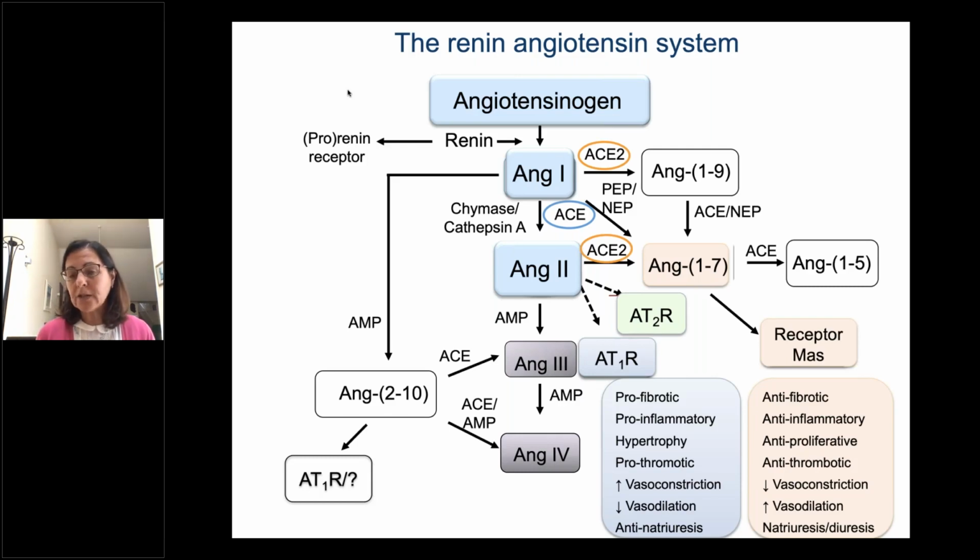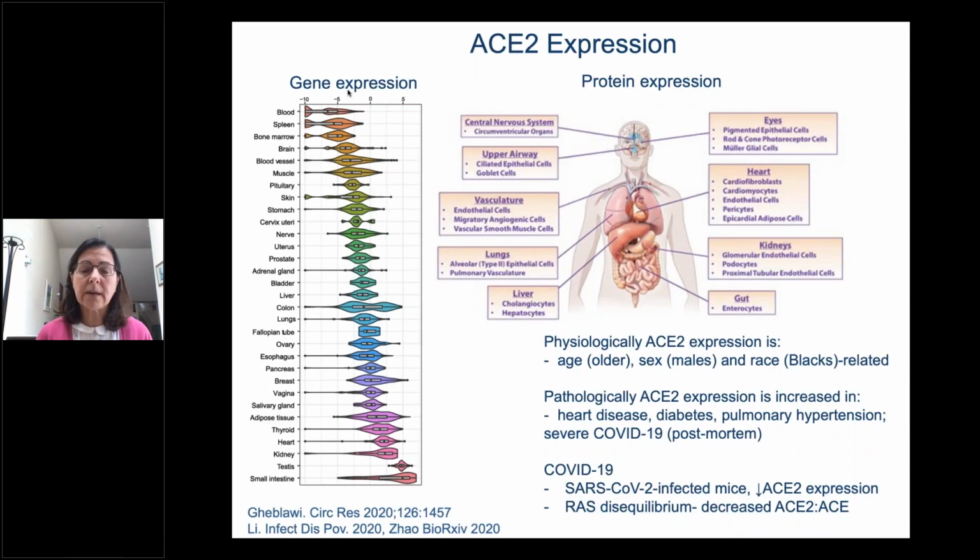We know that Ang 1-7 is antifibrotic, anti-inflammatory, anti-proliferative, antithrombotic, it reduces blood pressure, and it induces natriuresis. And for these reasons, the ACE2, Ang 1-7, Mas pathway has been identified as the counter-regulatory axis of the renin-angiotensin system.